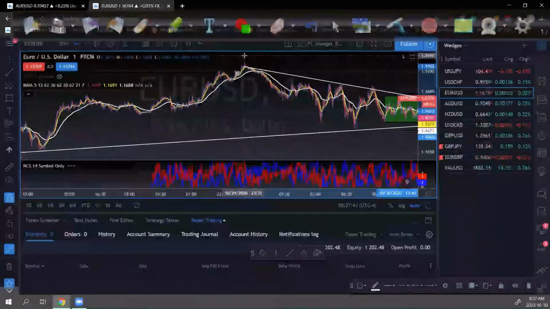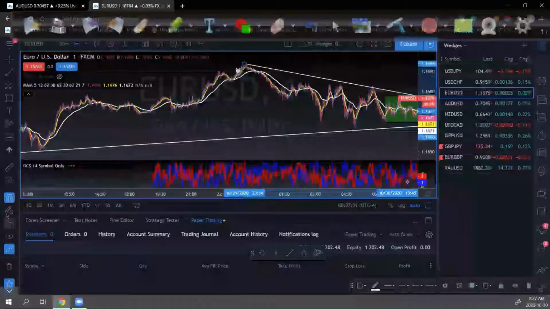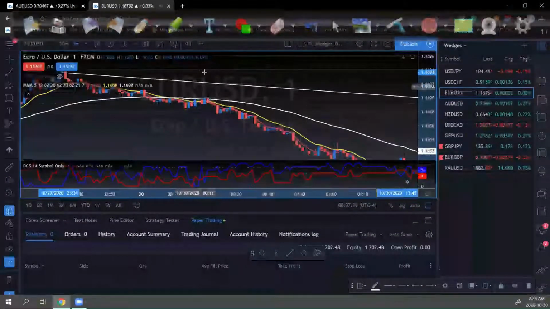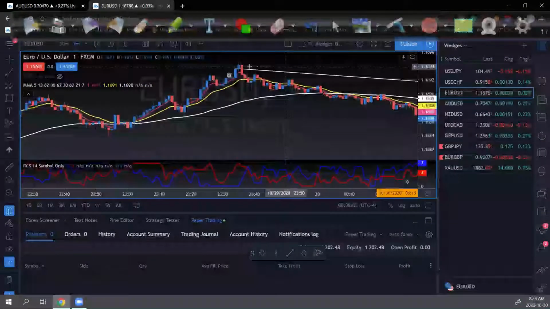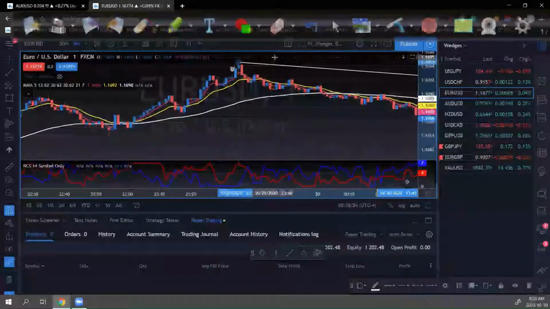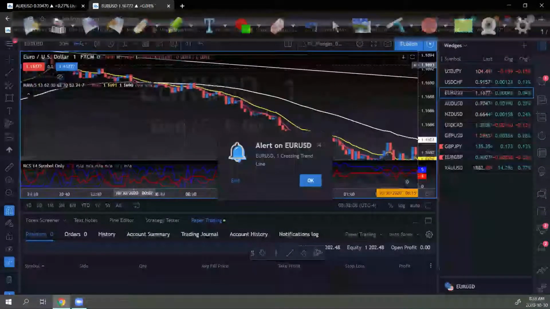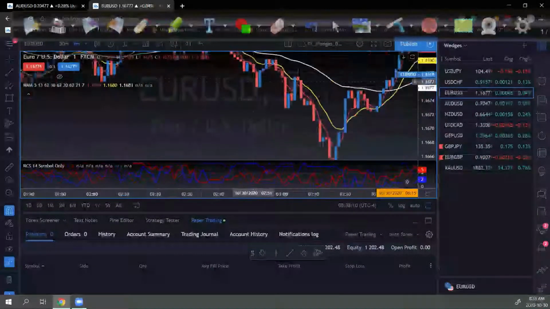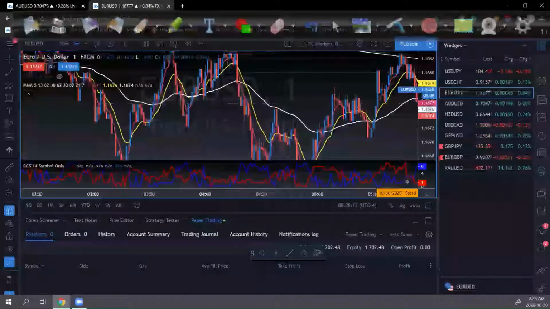So I set that trend line on the 15-minute chart, but I never went and adjusted it. Oh, it's crossing again. So that means it's coming down, but that's fine. Now I need to turn that alert off because it's going to drive me right to lunch.